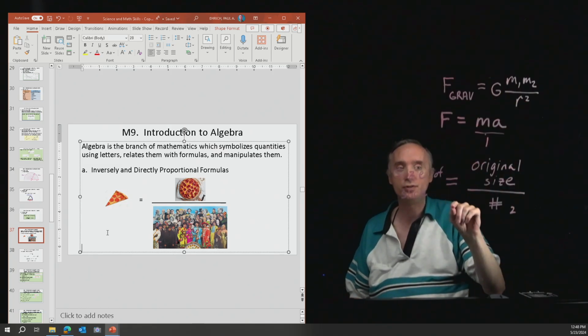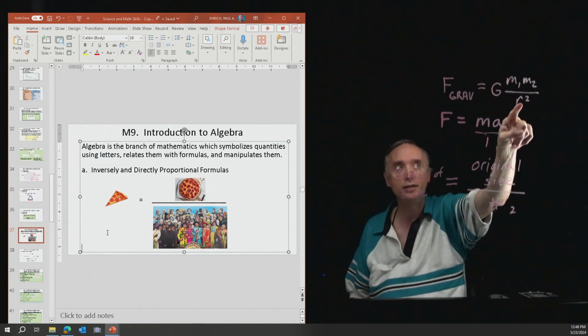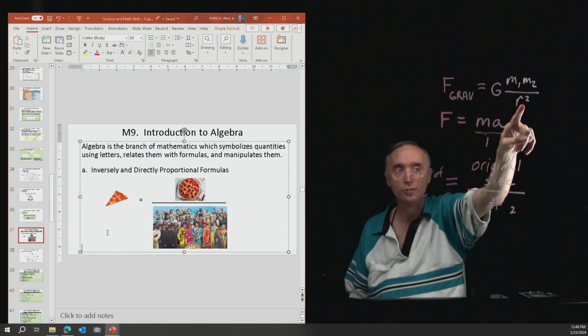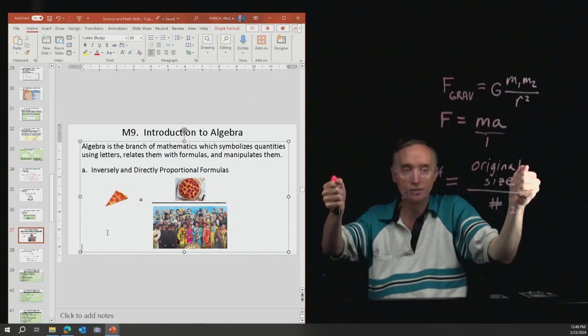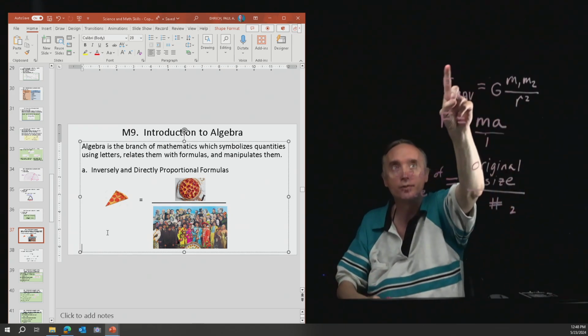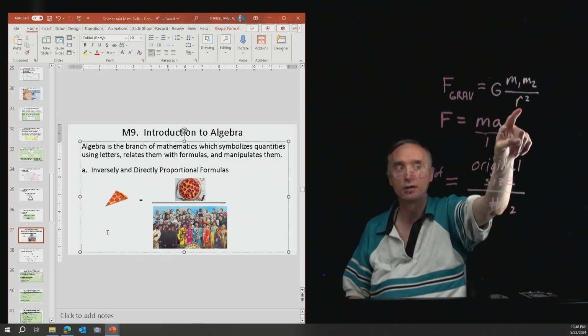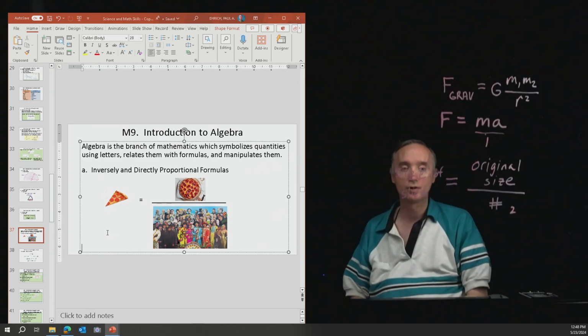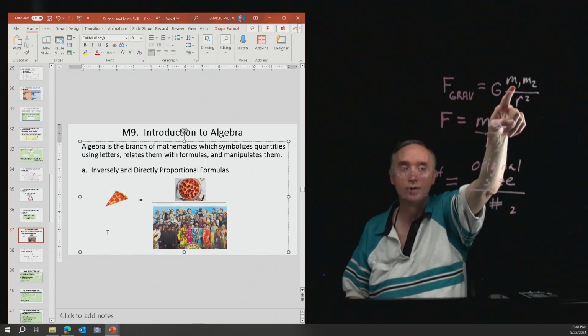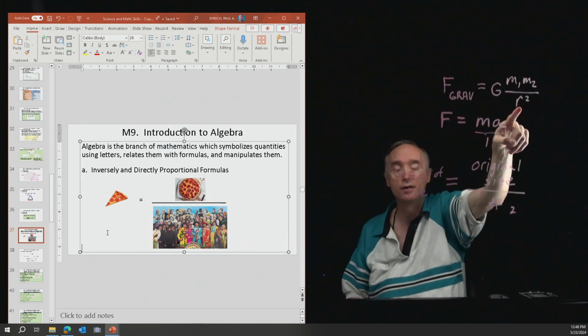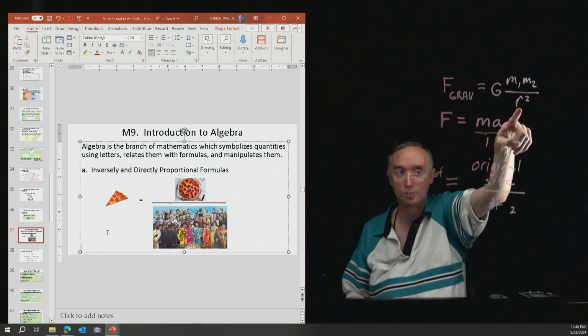Now, my question to you is, if I increase r, which is going to be the distance between the two objects, what will happen to F? And is this a directly proportional equation or an inversely proportional equation with respect to r? So with respect to m, it was directly proportional. But with respect to r, it's going to be inversely proportional.